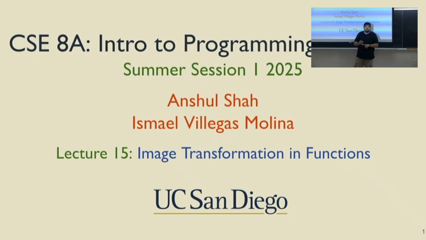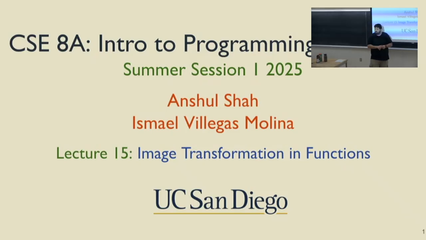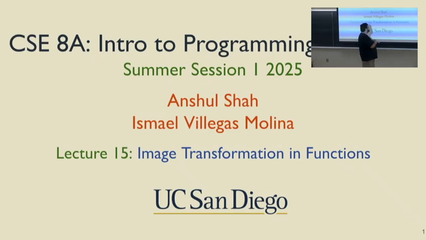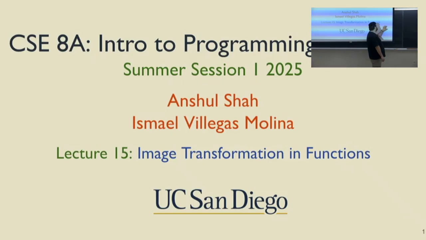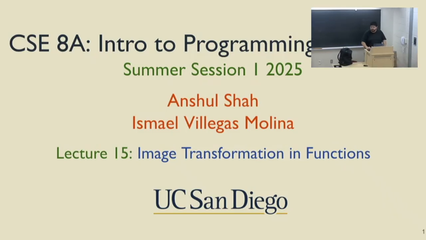We made everything one color. What else? We did the corners, like the quadrants of an image. But today we're going to do that using functions, so that we can edit it specifically depending on some inputs that we get in a function.